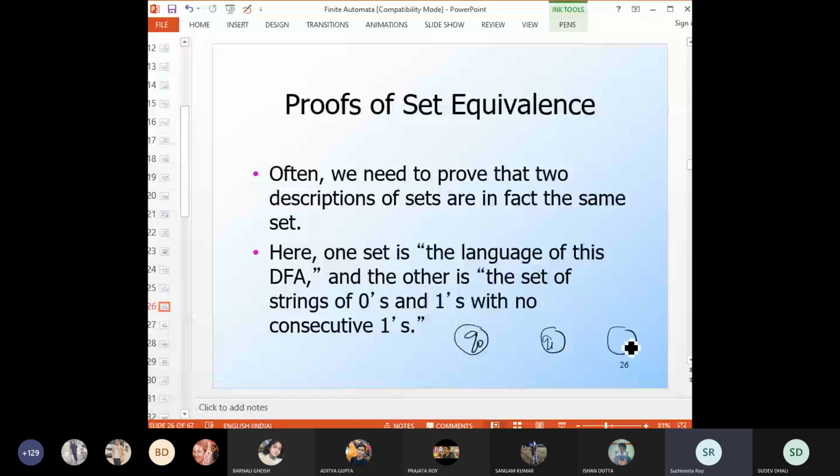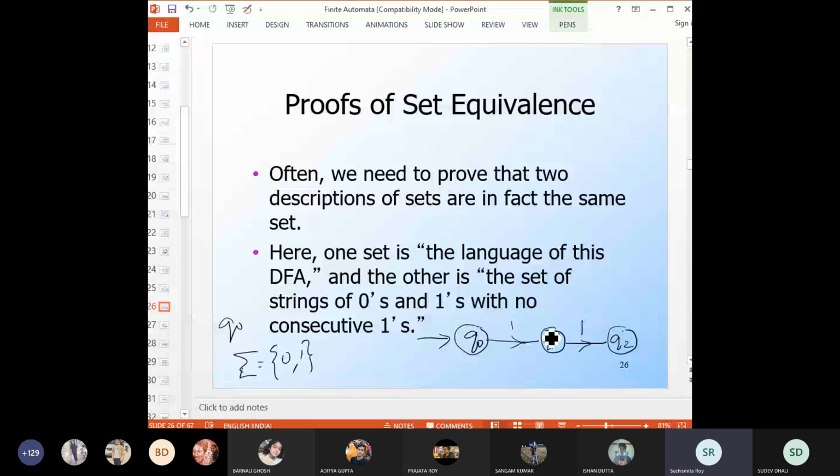Okay, so let's say Q1, Q2, and we put transitions here. And the input alphabet sigma is actually 0, 1. So of the 5 things we must define, one we have defined already, and this is the start state. So Q0 has been defined.